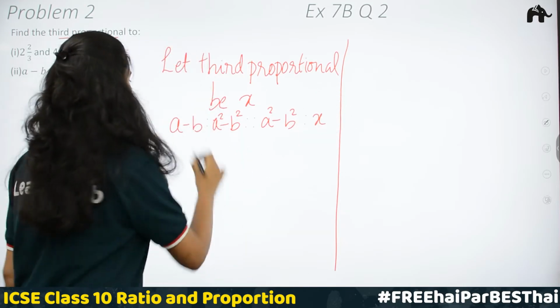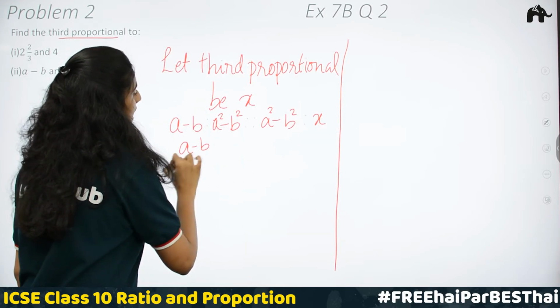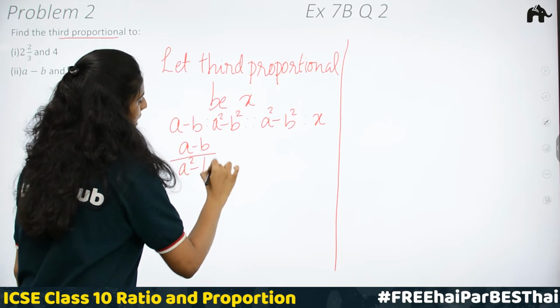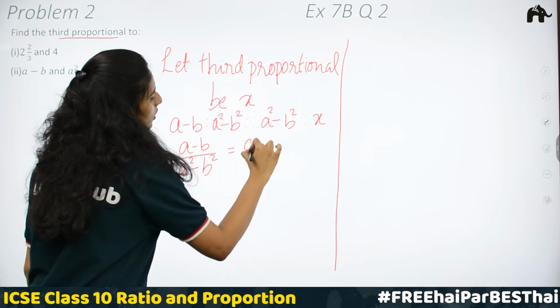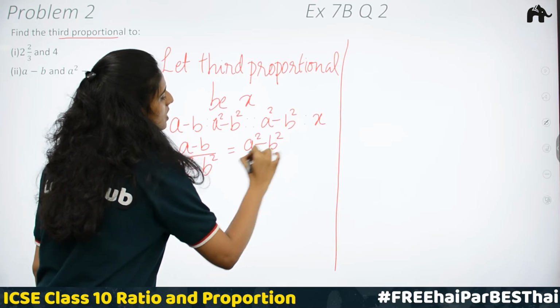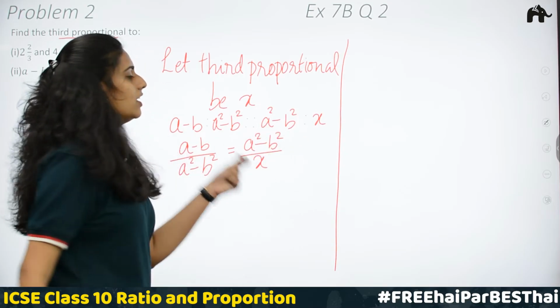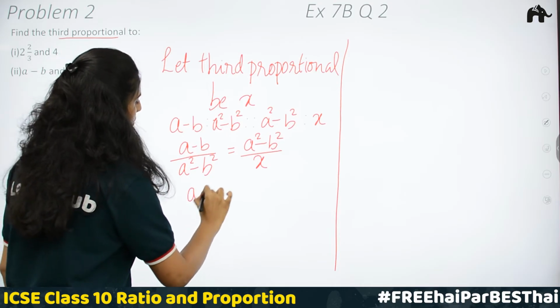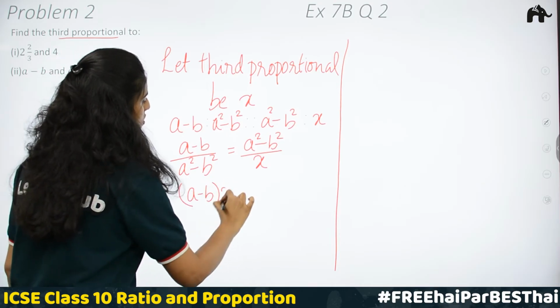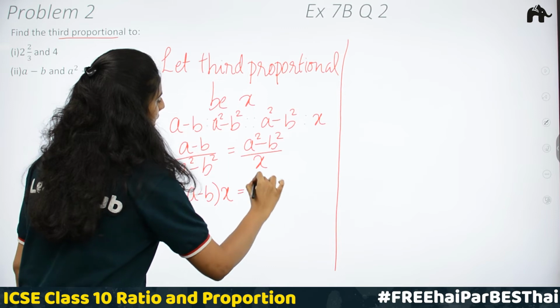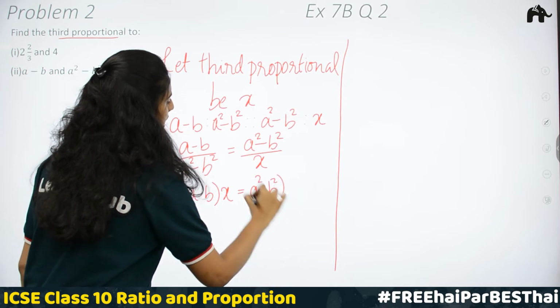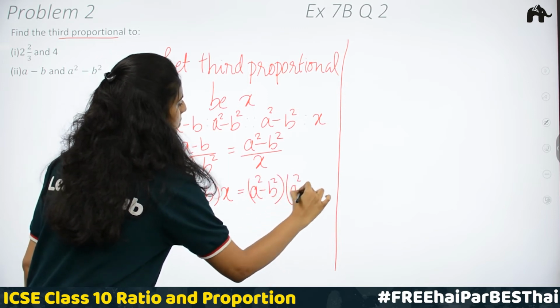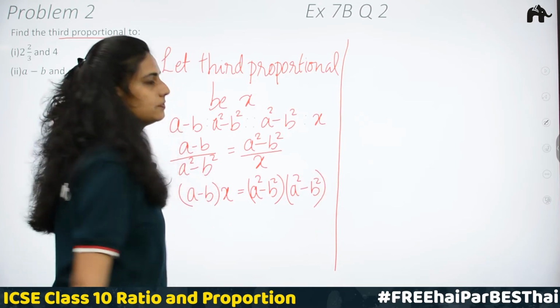Next step, a minus b divided by a square minus b square is equal to a square minus b square divided by x. We need to find x. Cross multiplying, a minus b into x is equal to a square minus b square into a square minus b square.